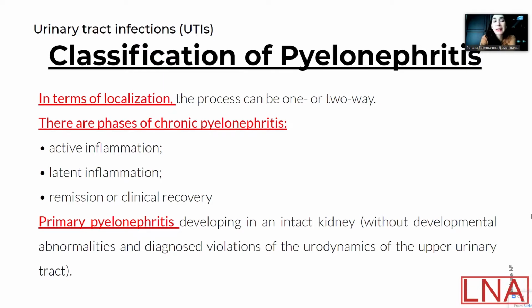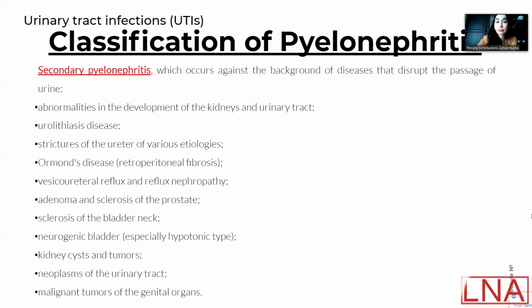Primary pyelonephritis develops in an intact kidney without developmental abnormalities and without diagnosed disturbance of the urodynamics of the upper urinary tract. And secondary pyelonephritis occurs on the background of diseases that disrupt the passage of urine. This disturbance of urodynamics can lead to secondary development of the inflammation process, in which case we can speak about secondary pyelonephritis.